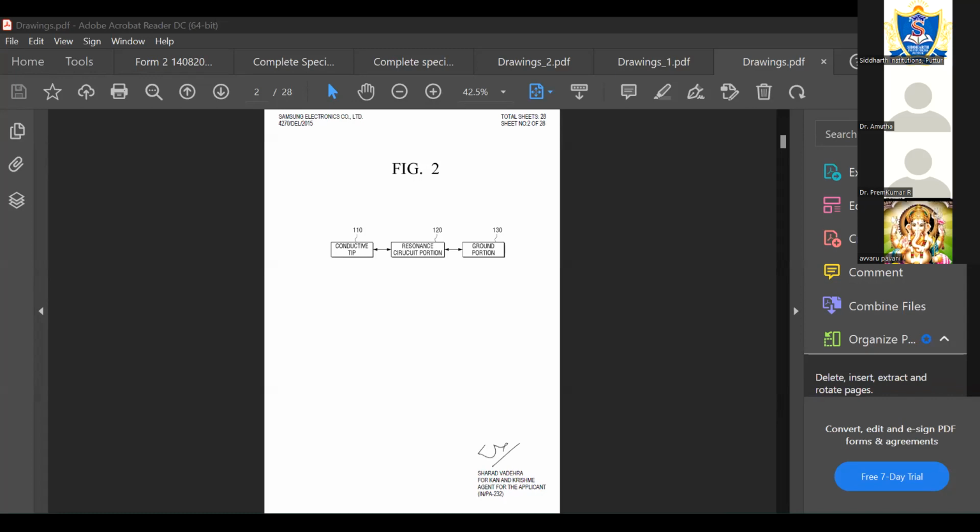Okay, and the main thing is it has to relate to a single invention only, or if it is a group of inventions, then it should be connected using a single inventive concept. For example, in this nib and ink, the nib and ink can be different. The ink is one invention and the nib can be a different invention. So in that case, you have to file two patent applications. Suppose you want to claim them as a single invention, then you have to mention that this particular ink is useful only for this particular nib.